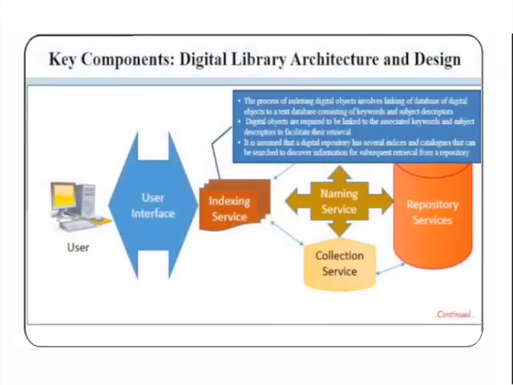The process of indexing digital objects involves linking a database of objects to a text database consisting of keywords and subject descriptors. Digital objects are required to be linked to the associated keywords and subject descriptors to facilitate their retrieval. A digital repository stores a large amount of unstructured data in two file systems for storing and retrieving digital objects.